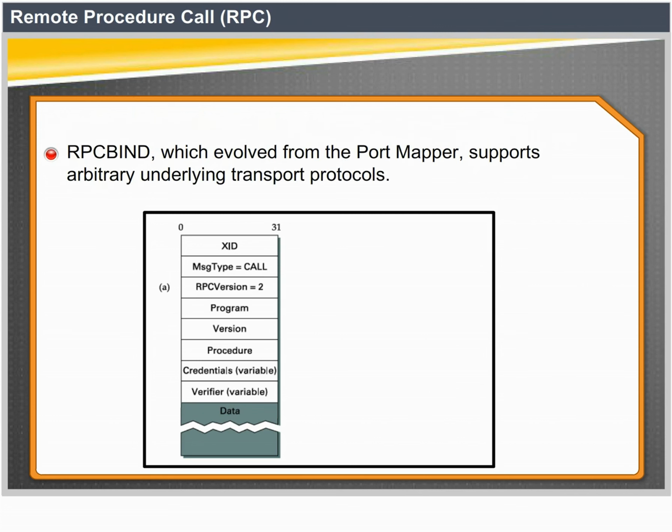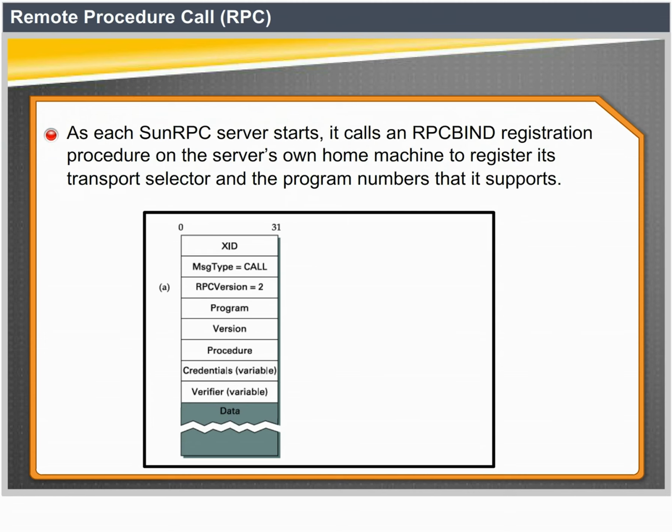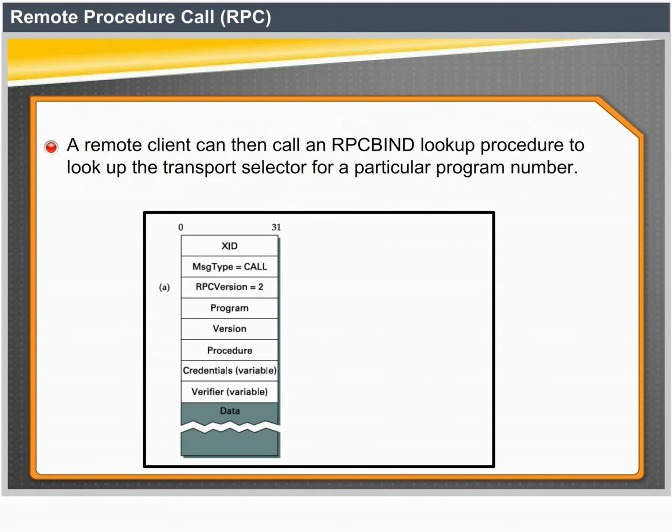RPC bind, which evolved from the port mapper, supports arbitrary underlying transport protocols. As each Sun RPC server starts, it calls an RPC bind registration procedure on the server's own home machine to register its transport selector and the program numbers that it supports. A remote client can then call an RPC bind lookup procedure to look up the transport selector for a particular program number.